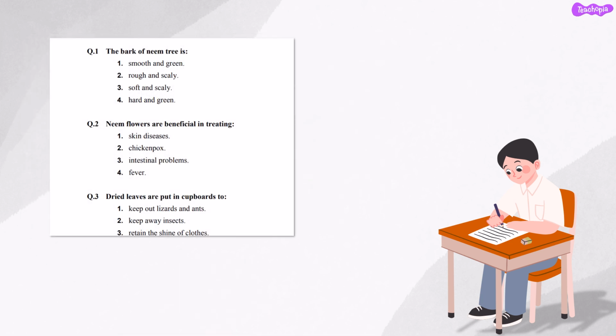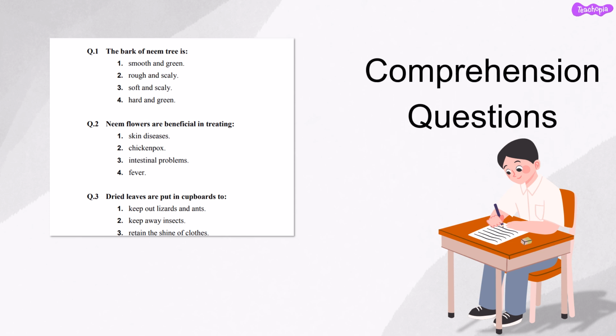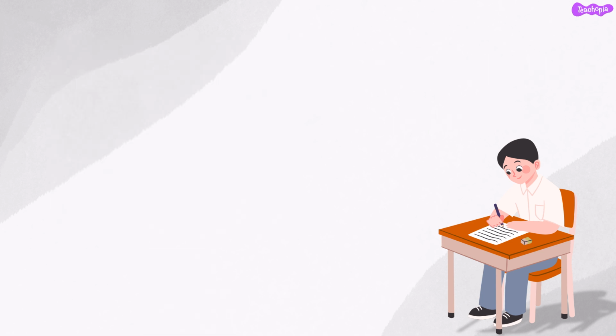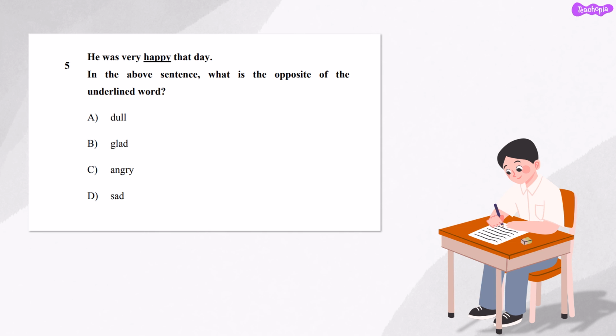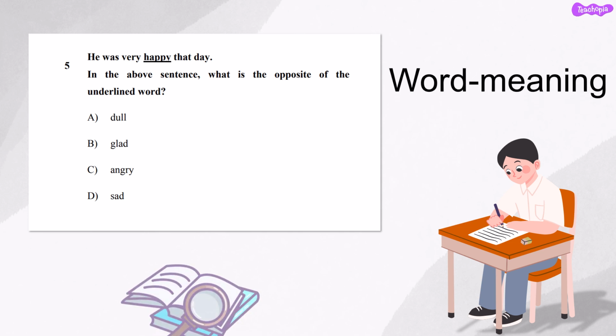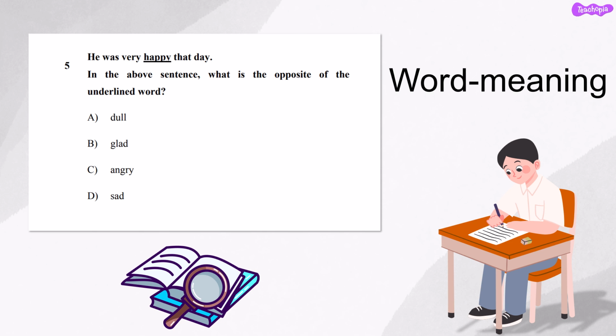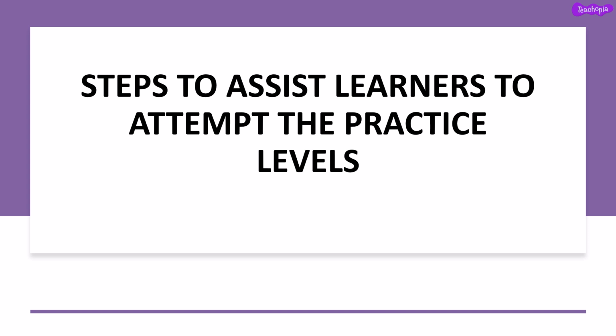Sometimes, even comprehension questions that are based on the reading passage and are multiple choice questions. And word meaning based questions to identify the meaning of words used in the context of the passages or sentences. Let's look at how we can help our learners as they attempt these practice levels.